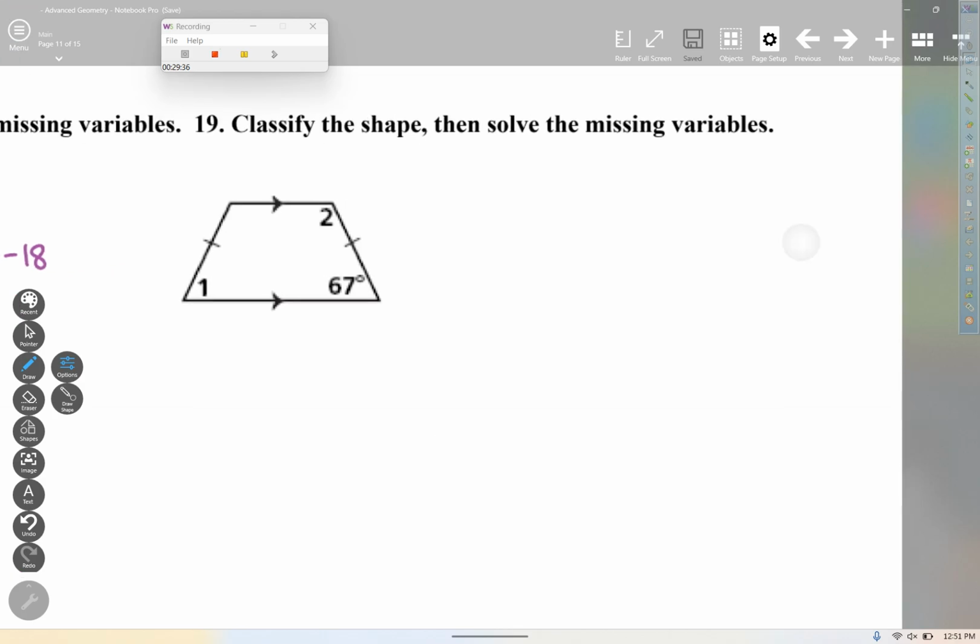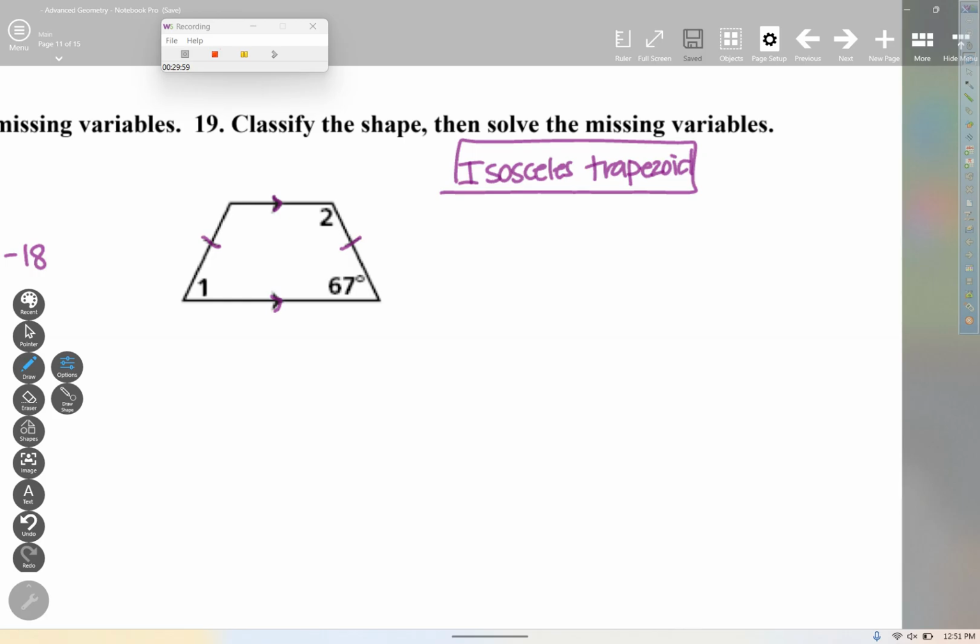Okay. Classify the shapes and solve the missing variables. This is our last one. Woo, we made it. So we have one set of parallel sides, and we have one other set of congruent sides. That is an isosceles trapezoid. Great. Now, with an isosceles trapezoid, we have to remember that base angles are the same, and consecutive angles between bases are 180.